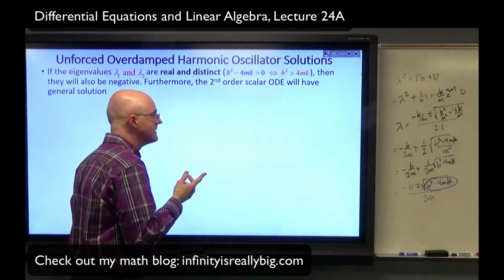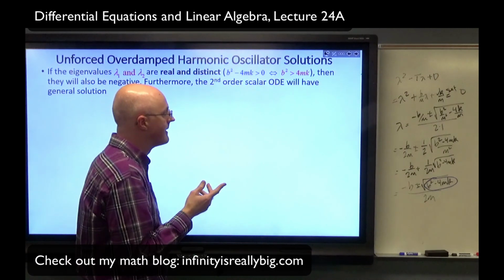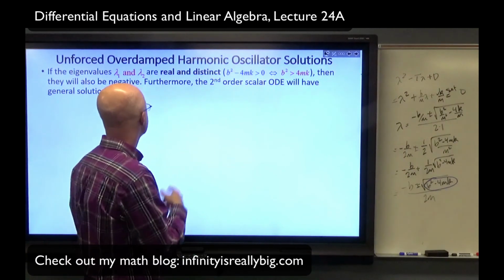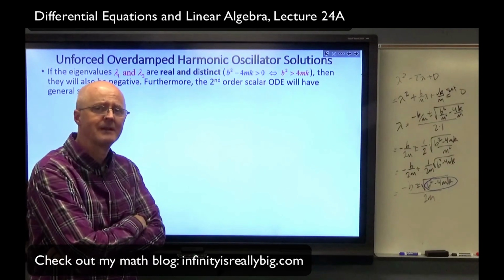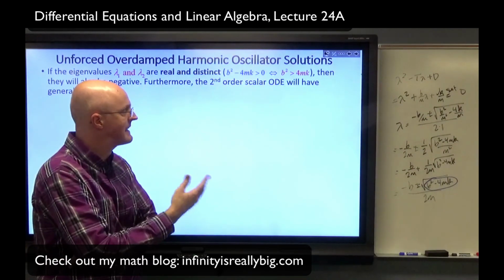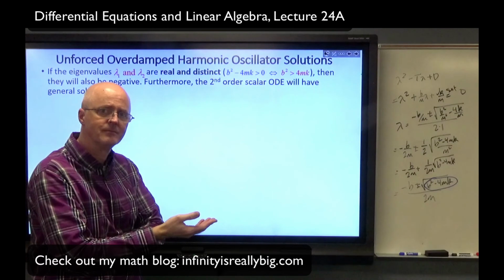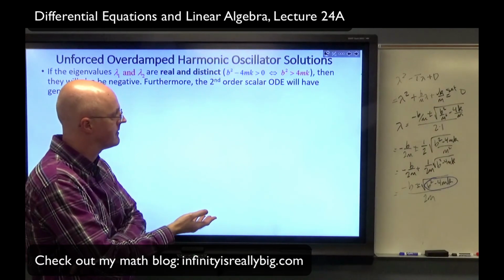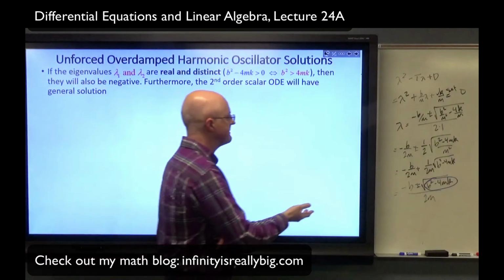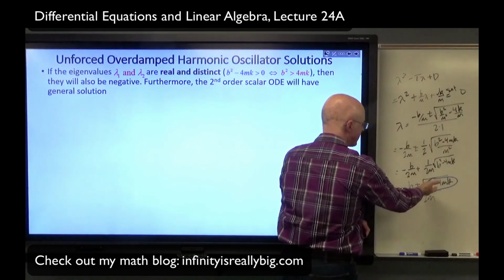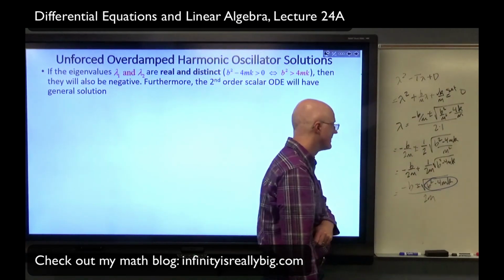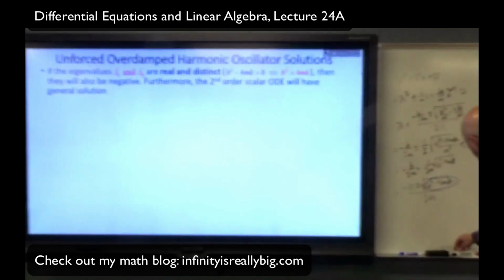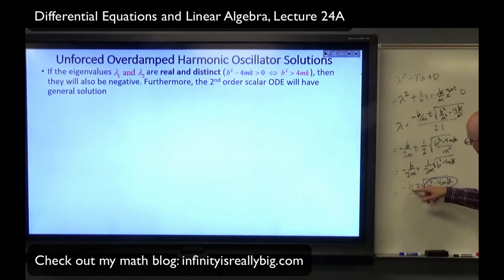It turns out that these will be negative eigenvalues. We're talking harmonic oscillator here, where m, b, and k are all positive. And you can check, no matter what happens there, as long as b squared minus 4mk is positive, this is going to give you two negative numbers. Intuitively, the square root of b squared equals the absolute value of b.